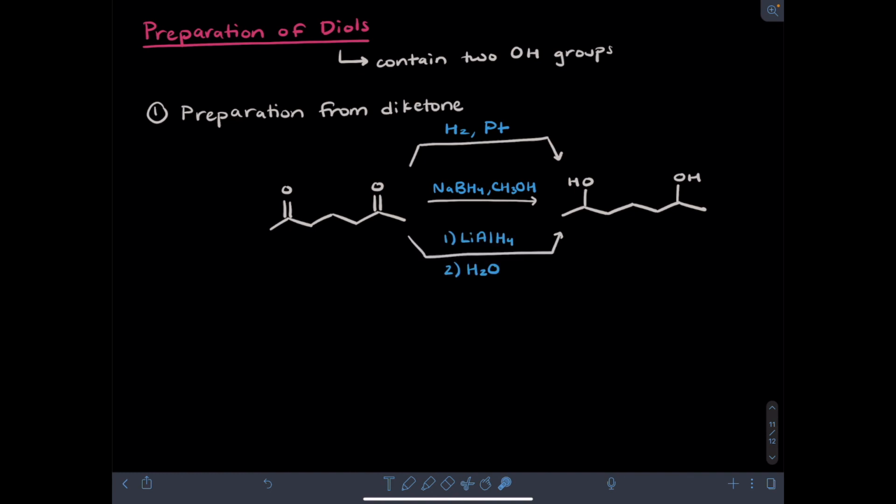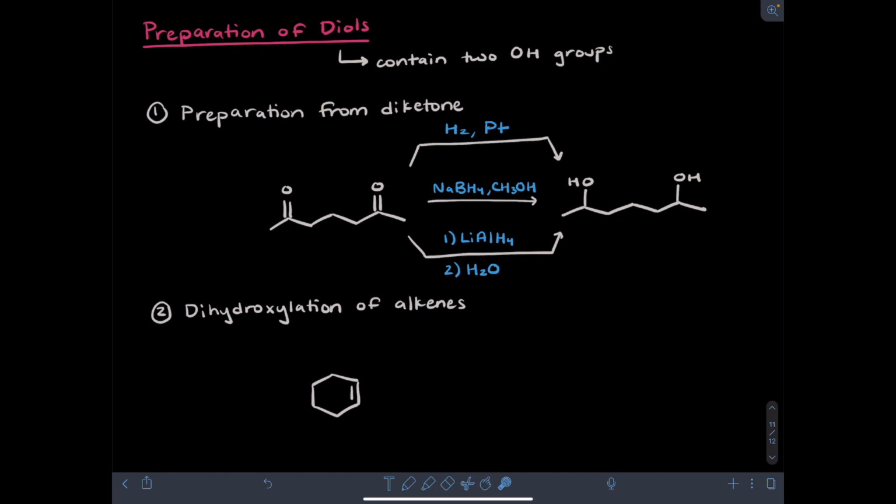Or you could react the ketones in the molecule with lithium aluminum hydride, followed by water in a second step. Each of these reagents would react with both of the carbon-oxygen double bonds in the molecule, add a hydrogen to each of those carbons, and a hydrogen to each oxygen, resulting in a product with 2 alcohols present.